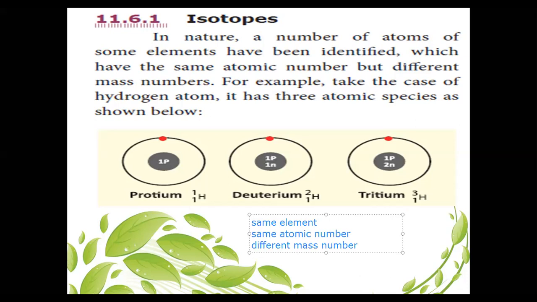There are two types of isotopes, stable and unstable. Which one is unstable?